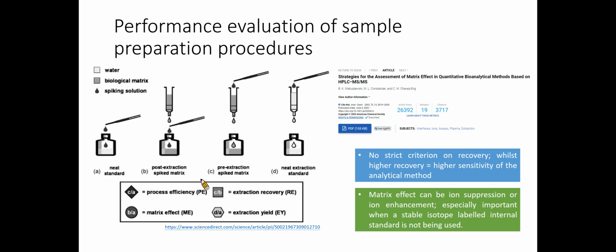Process efficiency is the quality of the whole analytical process, which is related to alterations due to interferences during the sample preparation and analysis, such as ionization, ion transmission, etc. Process efficiency can be estimated with the ratio of peak areas from the matrix sample spiked prior to the sample preparation and from a neat standard.